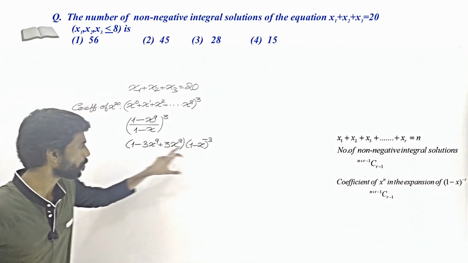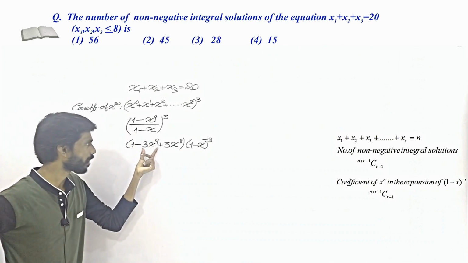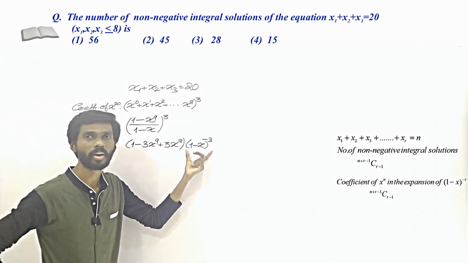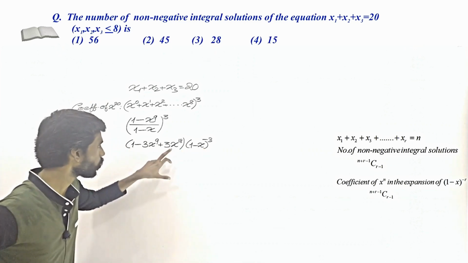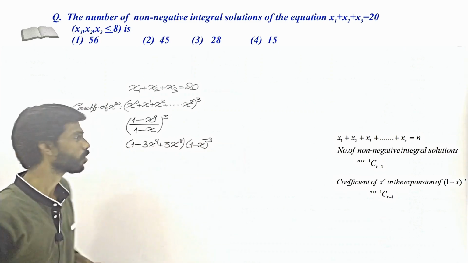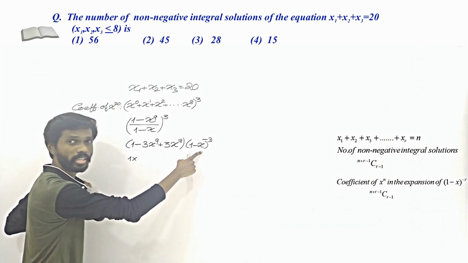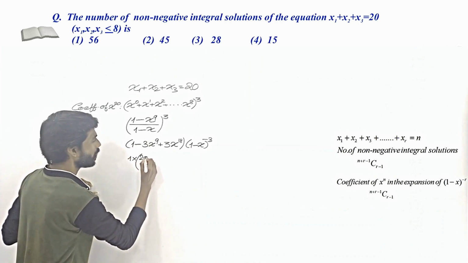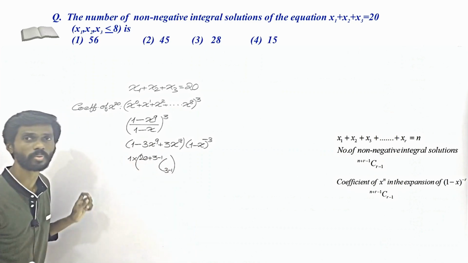So 1 multiplied by, we need the x to the power 20 coefficient. Similarly, x to the power 9 is already there, so we just need x to the power 11 from this. So 3 multiplied by the coefficient of x to the power 11, and also x to the power 18 here, multiplied by, we just need x to the power 2. So 1 multiplied by the x to the power 20 coefficient, that is 20 plus 3 minus 1 C 3 minus 1, using that formula.